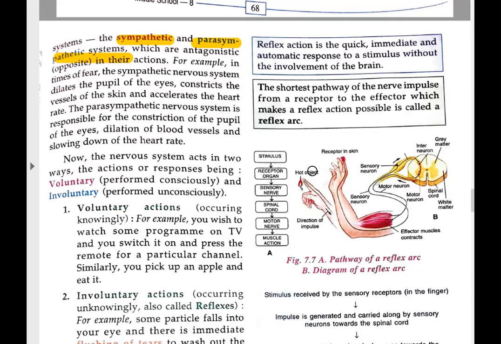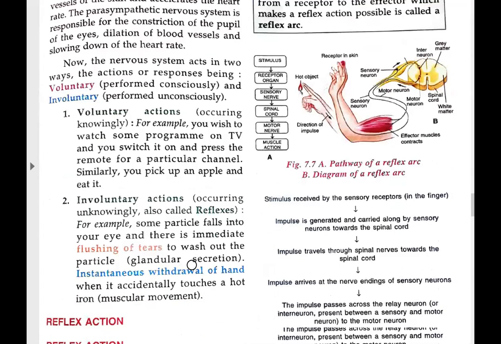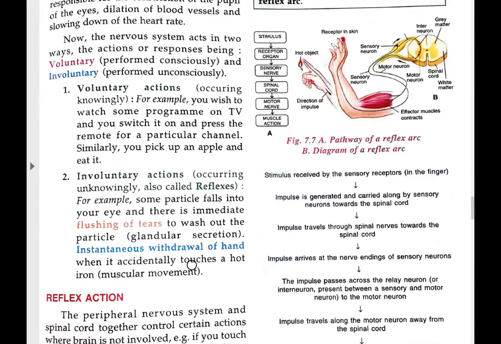Yes, ma'am. Okay, so now the nervous system acts in two ways, the actions or responses being voluntary and involuntary, right? Voluntary actions are those which you are doing as per your own will. Involuntary actions are those which are not happening as per your will; they are going automatically, like certain reflexes.